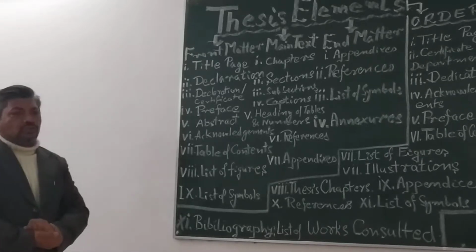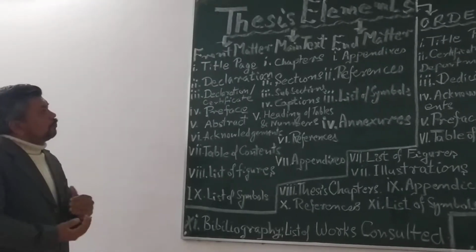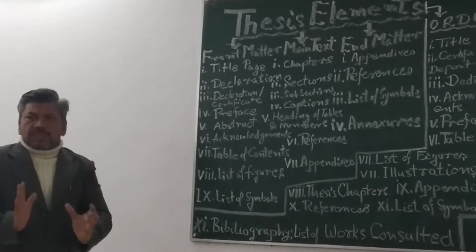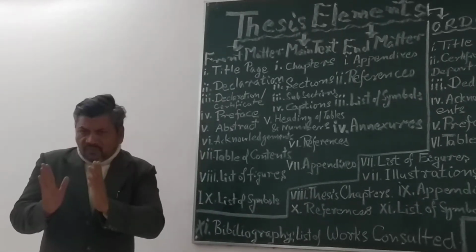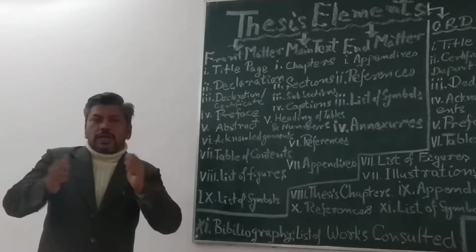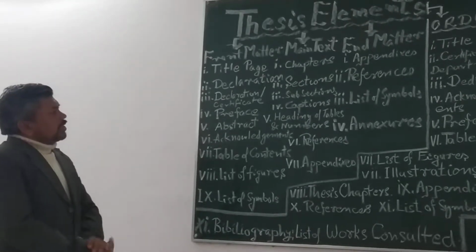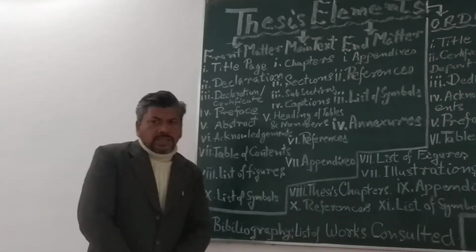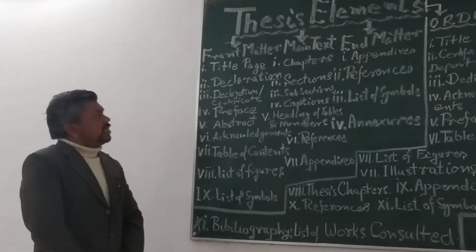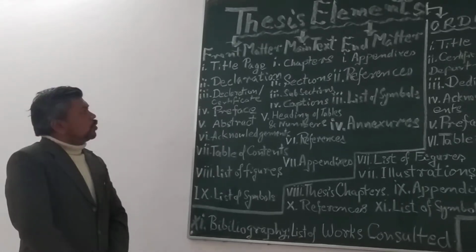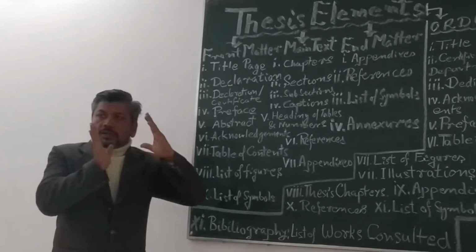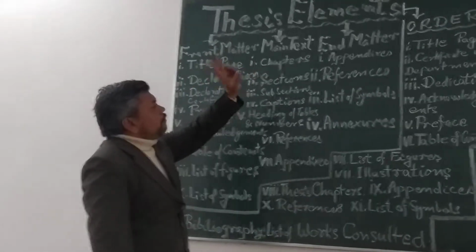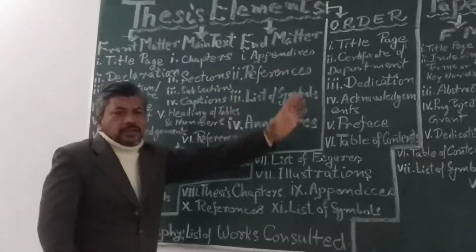That becomes the soul of technical presentation in writing: how we are going to present our drafts and how we are going to organize them. For that purpose, when we look at thesis elements, we notice that they can be divided into 3 major segments, namely front matter, main text, and end matter.